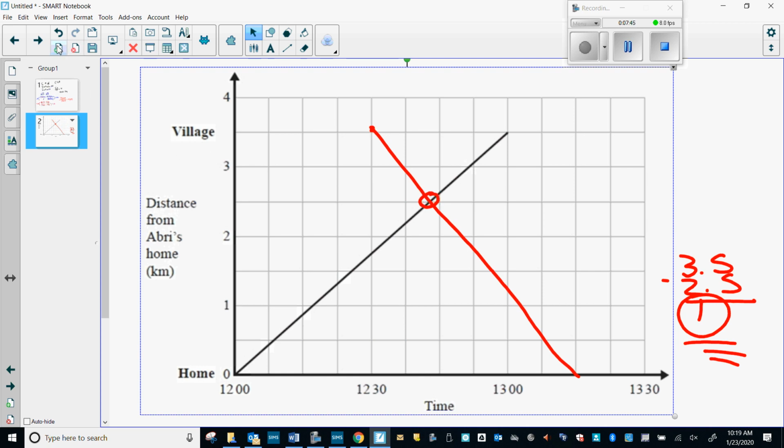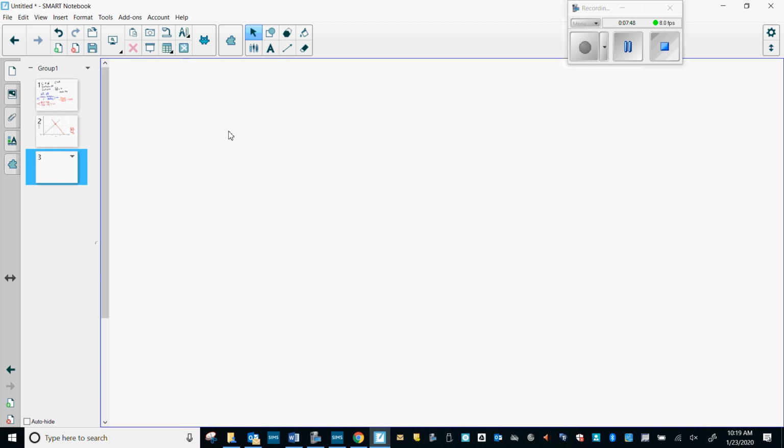Okay, next one is the recipe. He wants to make a soup for 13 people, and normally the recipe would make it for 6 people.